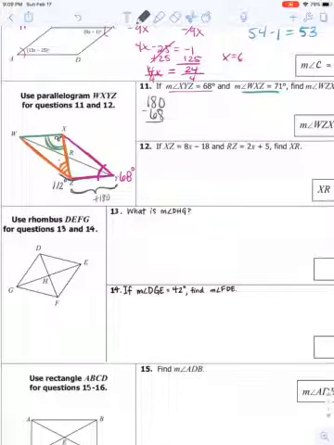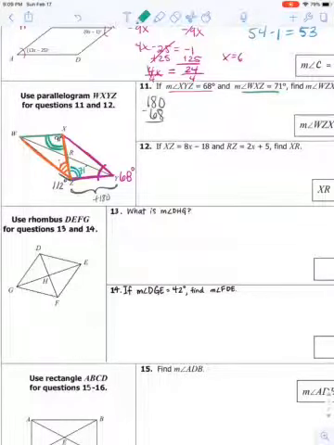Well, since this is a parallelogram, we know that alternate interior angles are congruent. And so I have a pair of alternate interior angles here. Right? So this 71 is also 71 down here. And then I just calculated that the entire angle Z is 112.